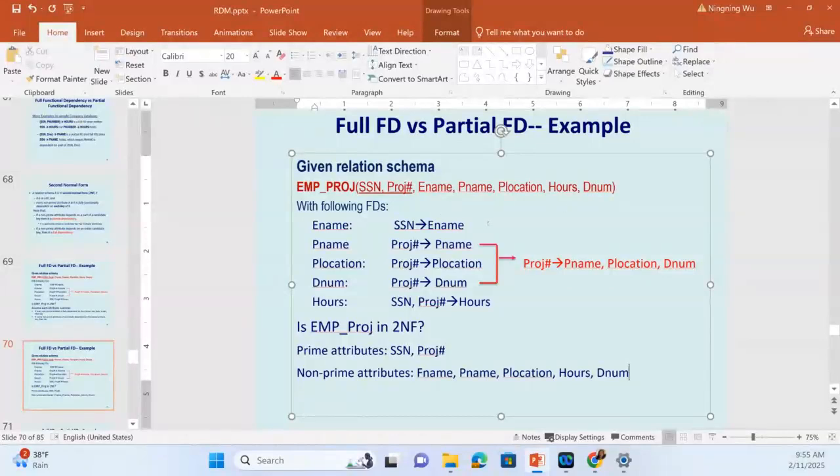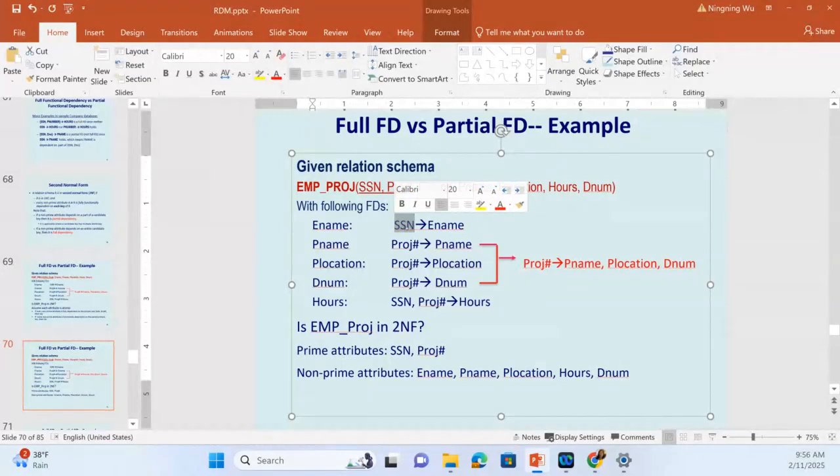So now let's look at the first one. We have SSN determines ename. This functional dependency tells us that ename, as a non-prime attribute, is dependent on the SSN. Then the question is, is SSN the whole key or not?